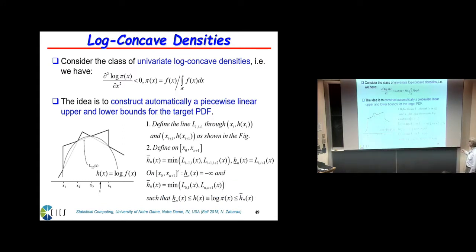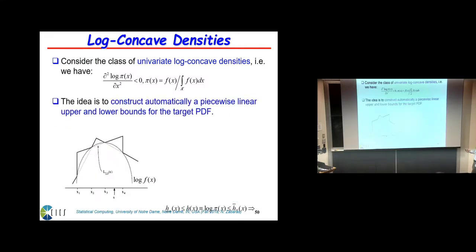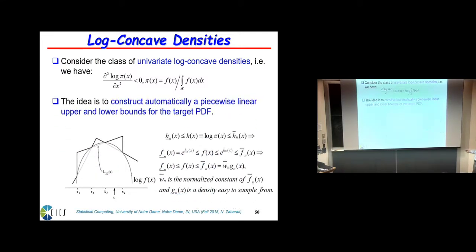So for univariate distributions, you do this for the log of the distribution. So you bound basically the logs from below and above, okay? Using this discretization and this construct that I have there. And then from here, you can actually come up with the bounds on the distribution pi itself, okay?